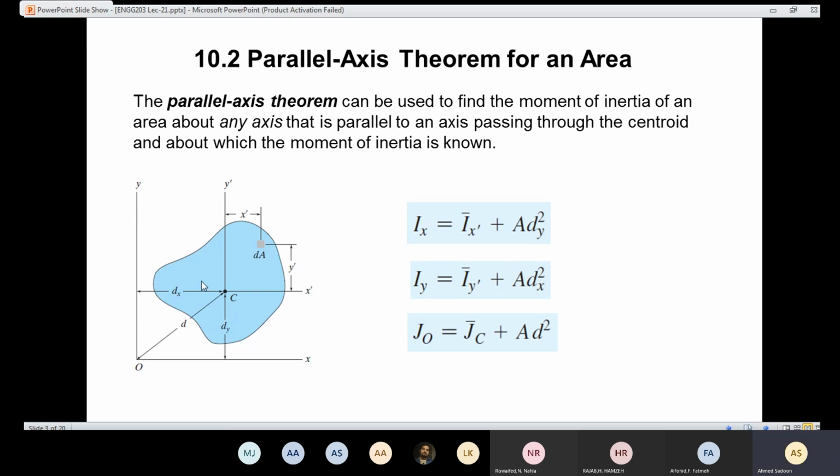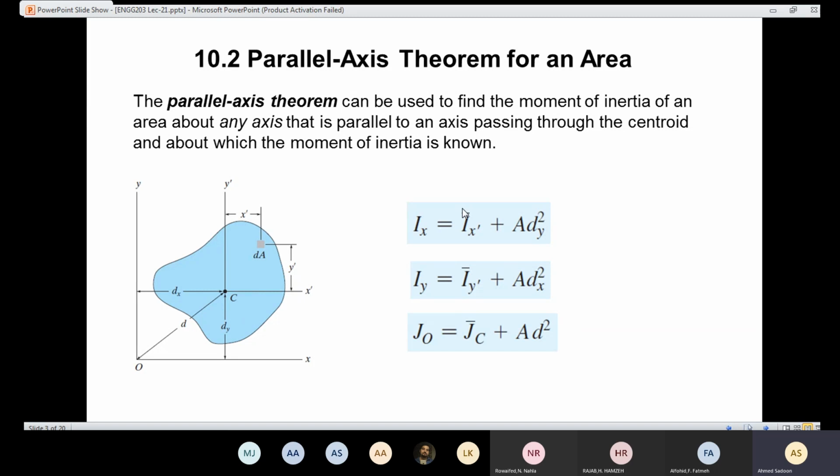Now I can determine the moment of inertia for that area with respect to x hat and y hat. The moment of inertia about x hat is going to be the integration of y hat squared dA. Similarly, for y hat it is going to be the integration of x hat squared dA. Then I'm going to give a different symbol for the moment of inertia about x hat.